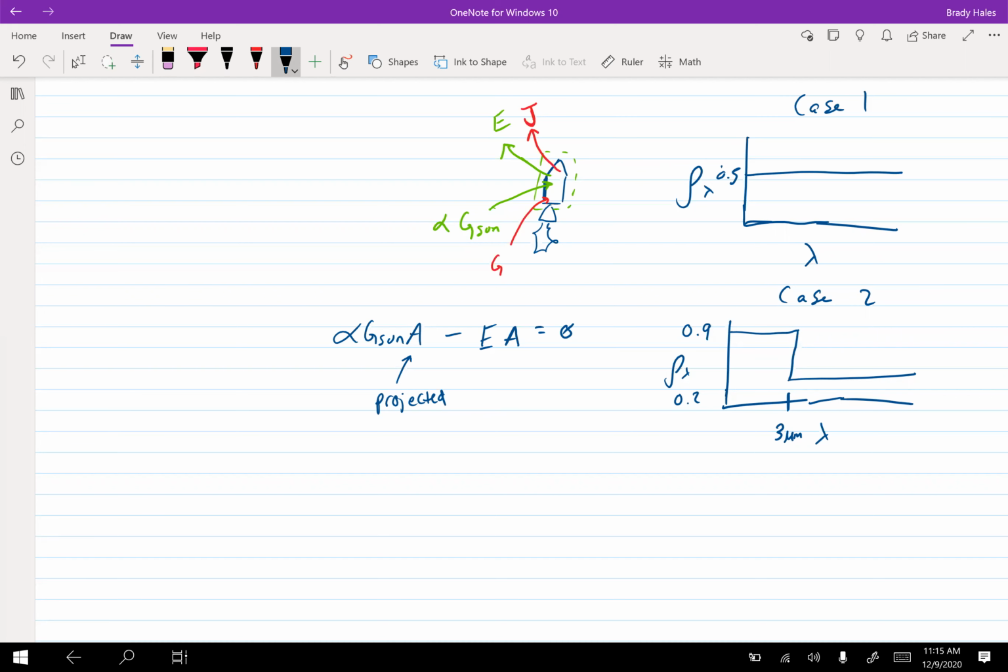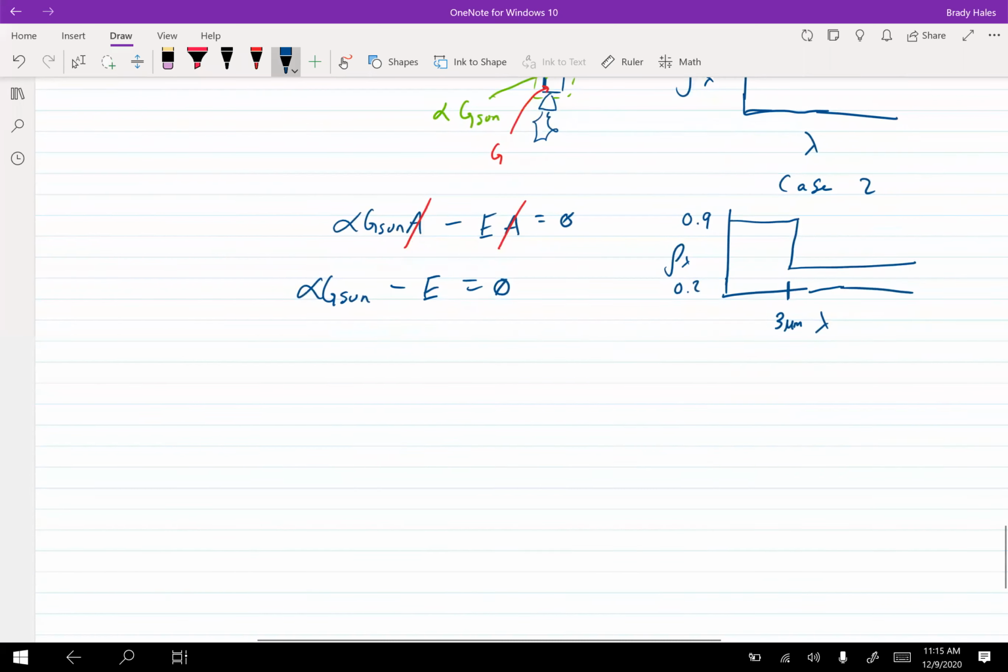So to simplify the problem I'm going to cancel out the areas. To be more exact, you would leave the areas in there. So we have alpha G sun minus emissive power of the rocket is equal to 0.